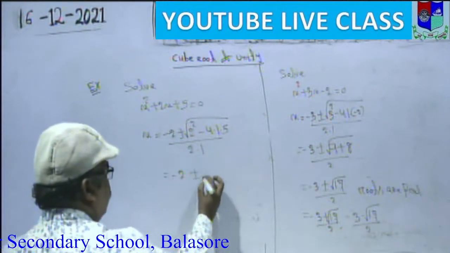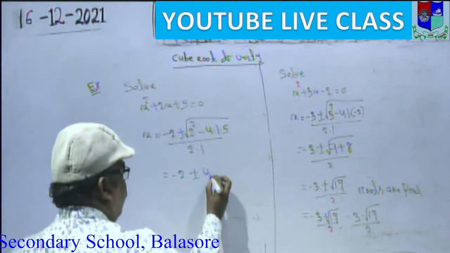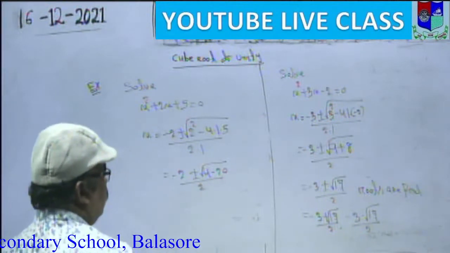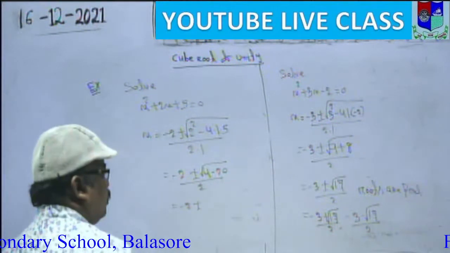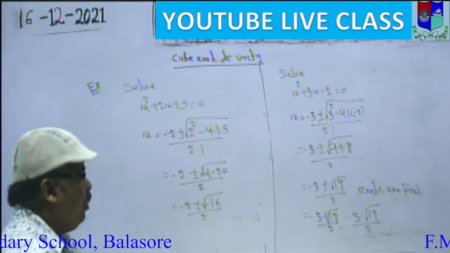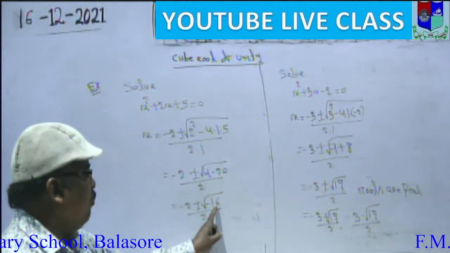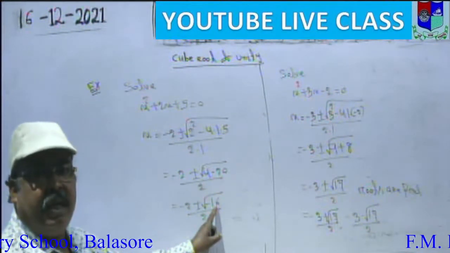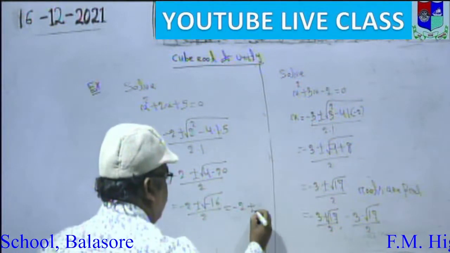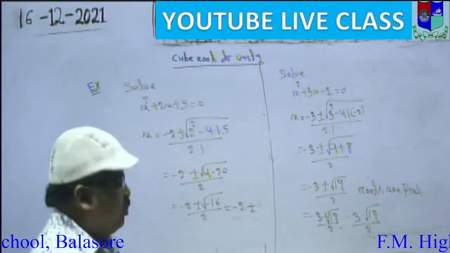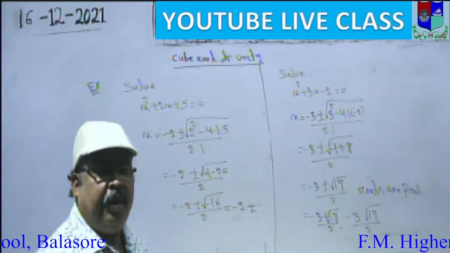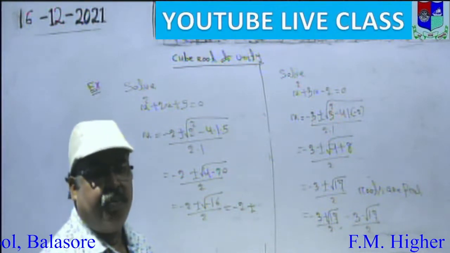So it is minus 2 plus or minus square root of 4 minus 20, divided by 2. Minus 2 plus or minus square root of minus 16 divided by 2. We know it is a negative number, its square root will be imaginary. Root 16 is 4, so root minus 16 will be 4i.